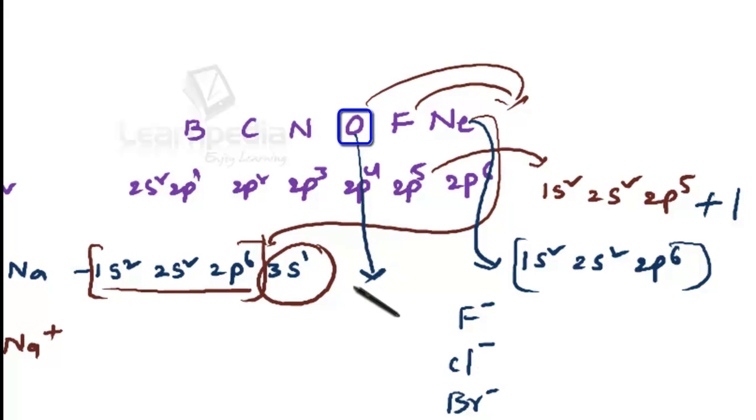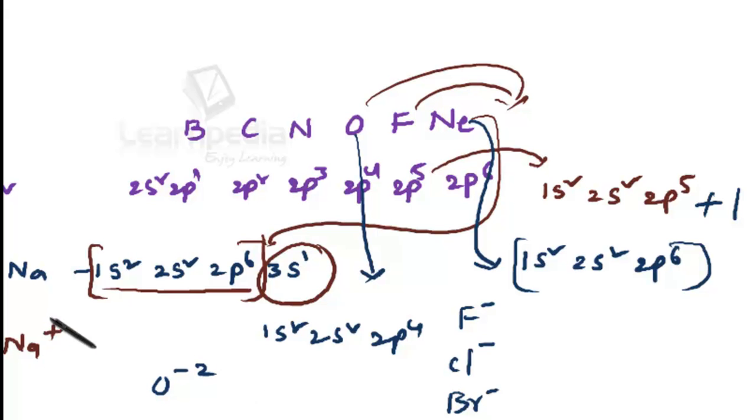The same way oxygen also. Oxygen has the configuration 1s2, 2s2 and 2p4. So if you give two extra electrons to oxygen, it can get the 1s2, 2s2, 2p6 inert gas configuration, which is equal to neon. So oxygen always wants to form the bi-negative ion, that is O2-.